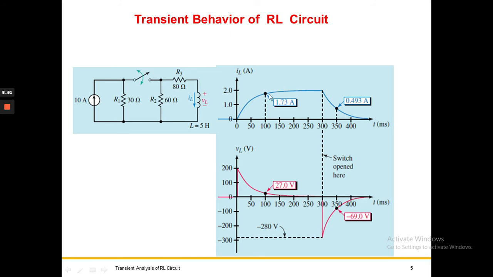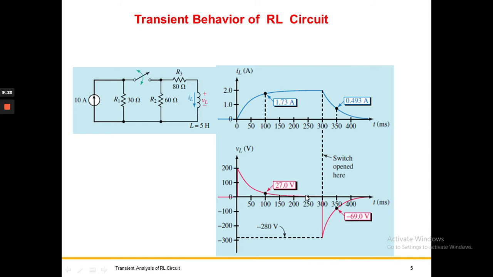Then at this time the switch is opened again, so the current through the inductor will be exponentially decreasing. Then there is a polarity change in the voltage drop of the inductance, and it will reduce exponentially to 0. Here you are closing the switch, so the current will be building up. So there is a transient time, then it will achieve a steady state.